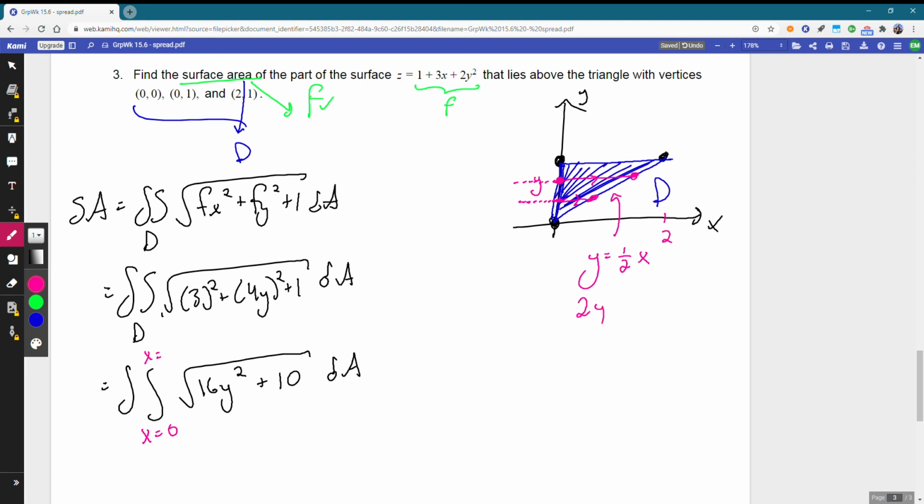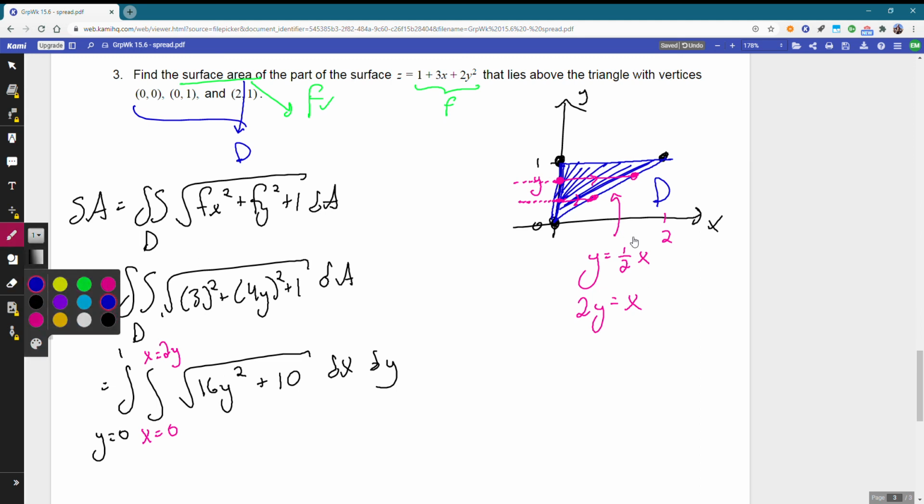And so multiplying by 2, 2y equals x. That becomes our upper limit of integration. All right, so here, let's write this in. We are setting y and moving x. And what y's are we doing this for? Looks like y's from 0 up to 1 is the highest y that we are using. All right, we have our integral set up.